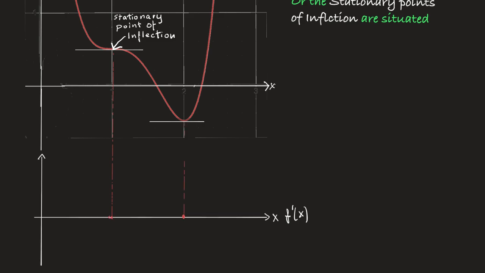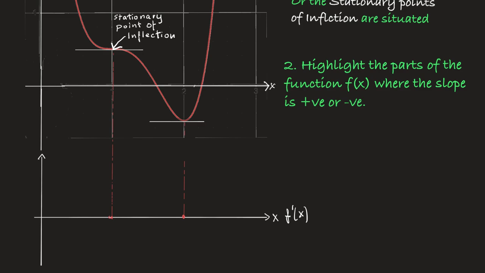And after you've drawn these points on the derivative function, you're going to highlight the parts of the original function where the slope is positive or negative. And so the slope begins being negative on this side of the stationary point, and it's also negative after the stationary point all the way down to the minimum.